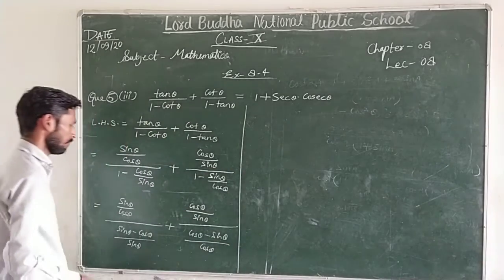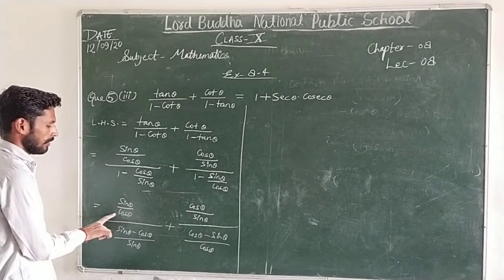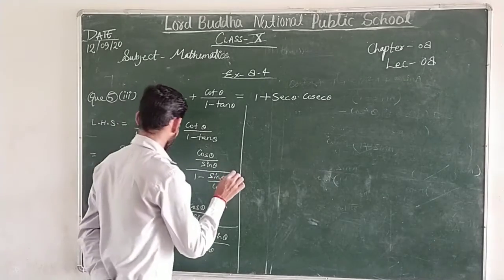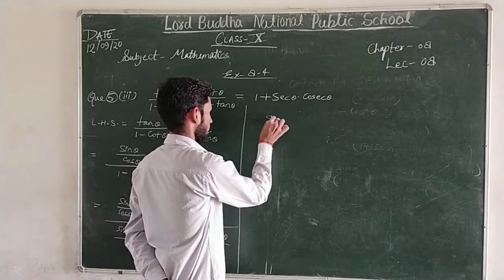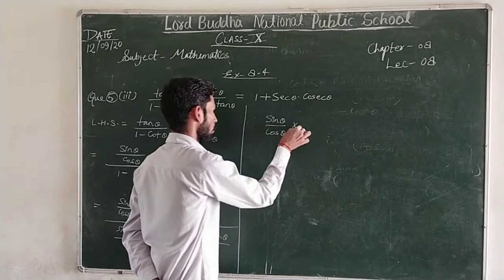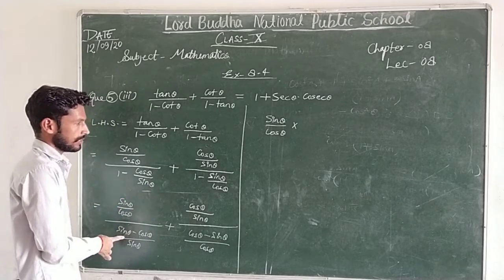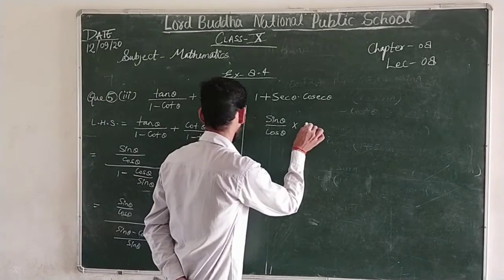In the next term we can write it as sin theta upon cos theta upon cos theta into, this will be numerator and this will become denominator.